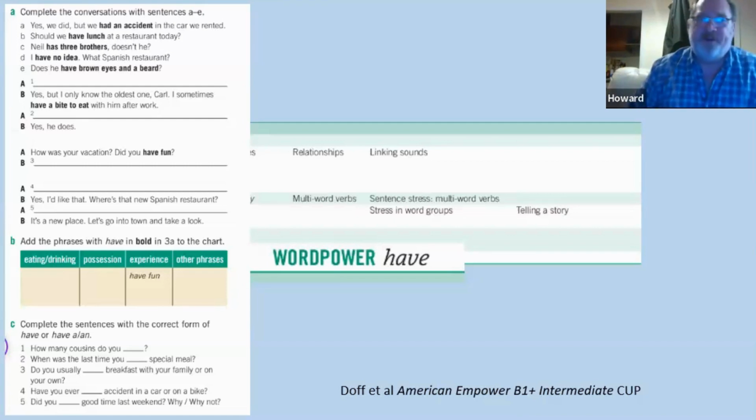But we're starting to look at this, and in this case, we're asking the learners to look at have being used with some different vague meanings. We've got eating and drinking and possession and experience, and then other phrases, which is doing quite a lot of heavy lifting there, I suspect. But this idea of looking at a word and how a word works is, I think, a very interesting thing to do.